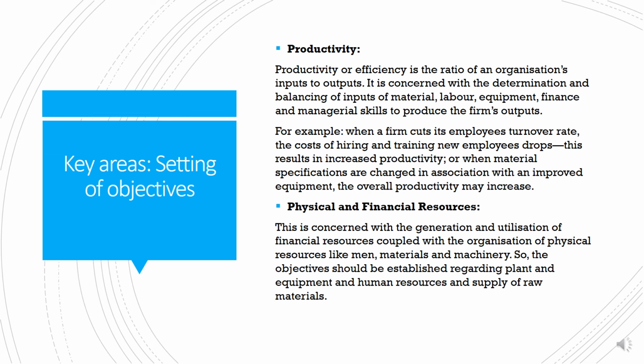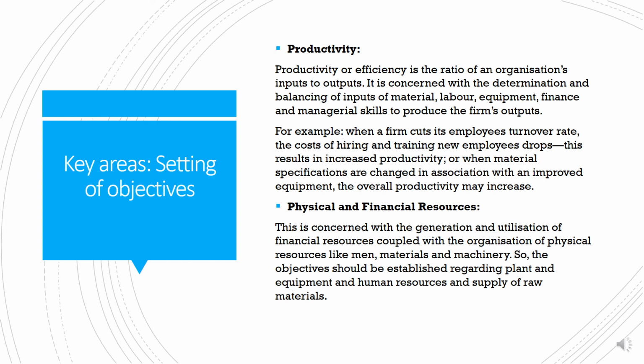It is concerned with the determination and balancing of inputs of material, labor, equipment, finance, and managerial skills to produce the firm's output. Productivity is a very important thing, and if there is lower productivity, then your company cannot go on profitable terms. So you have to have certain objectives in terms of productivity.